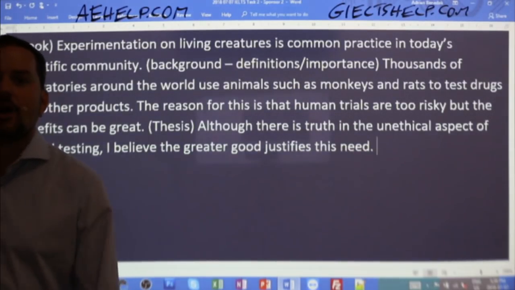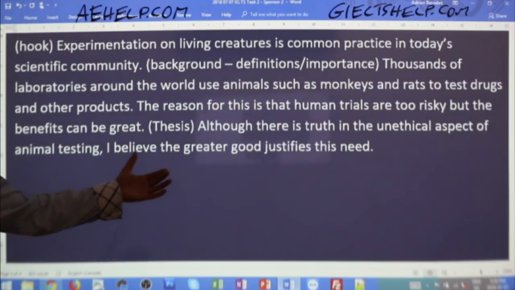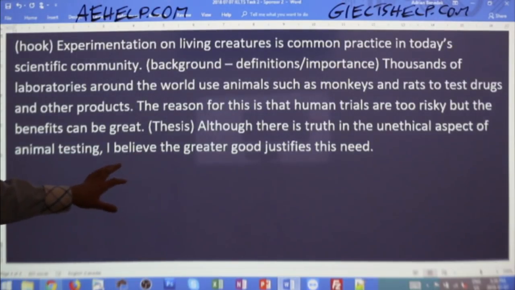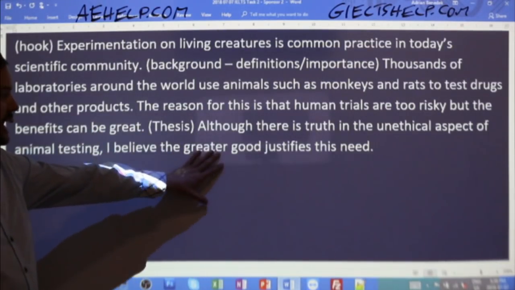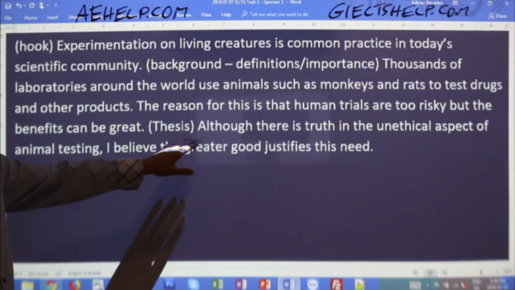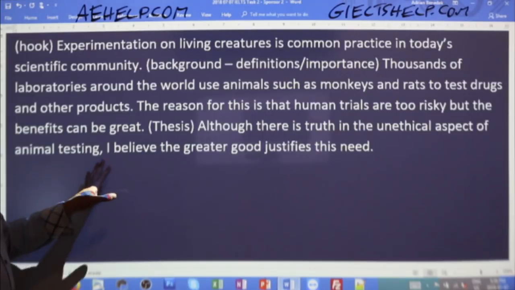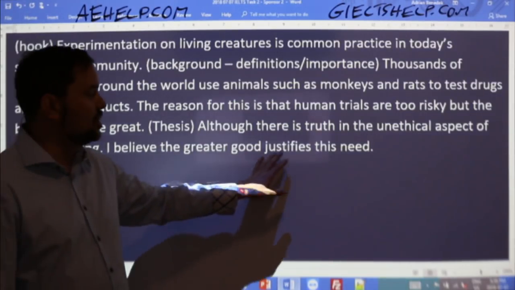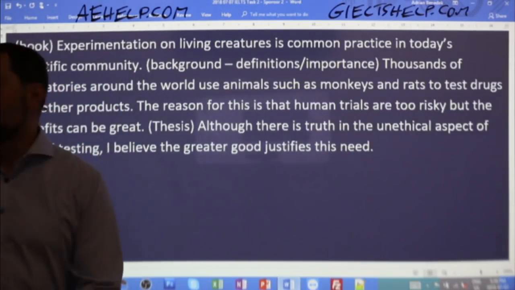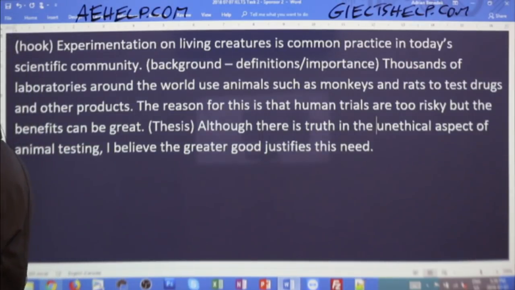Okay, so this is a high-level thesis. You could say it in much more simple ways. I'm just showing you a level 8, 9 thesis here. So although there is truth in the unethical aspect of animal testing, I believe the greater good justifies this need, or the greater good for humanity.